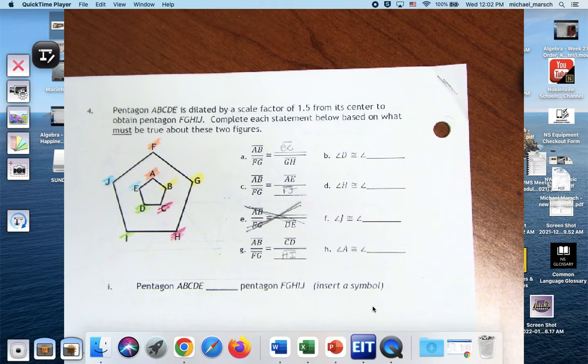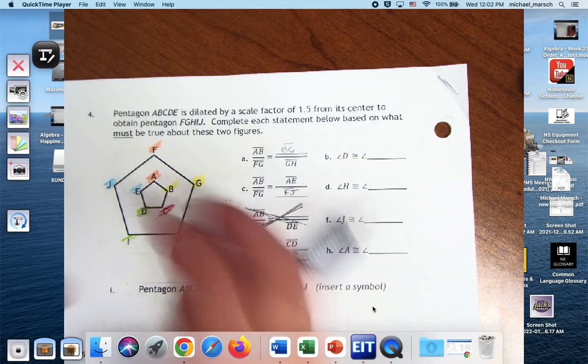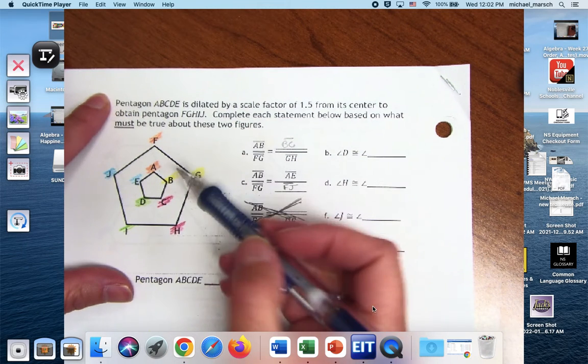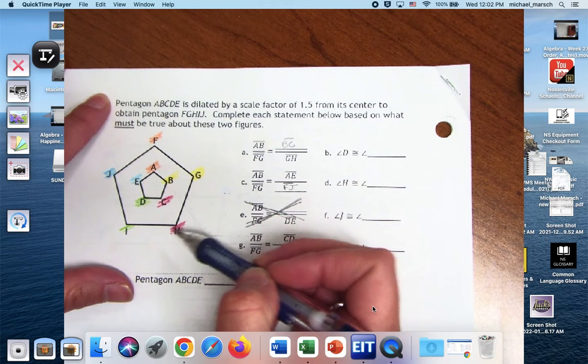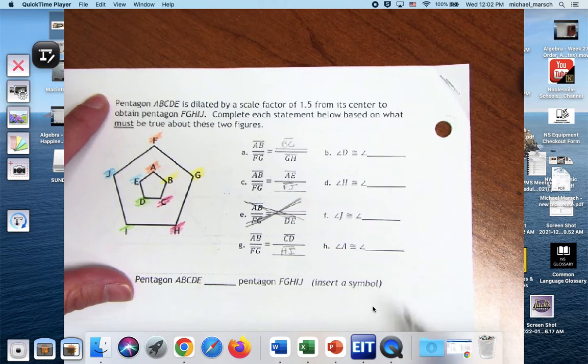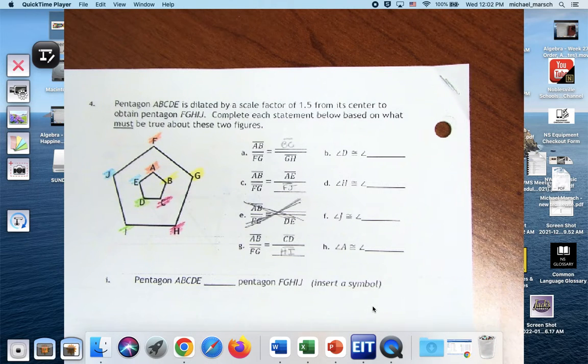And you guys go ahead, and just because we changed the size of the actual figure, the angle measurements did not change. These angles are still considered congruent because we didn't change the way the angles look. The shape is still the same, so the angles are still the same. So go ahead and match up the congruent angles just like we did on the other figures.